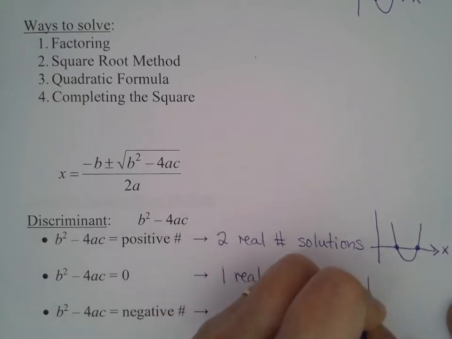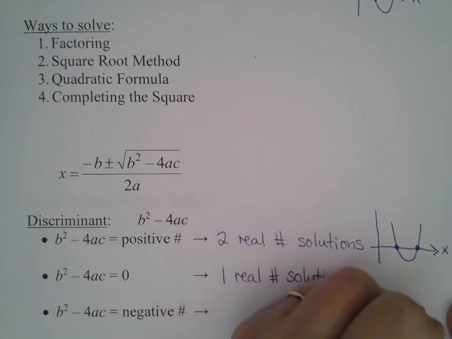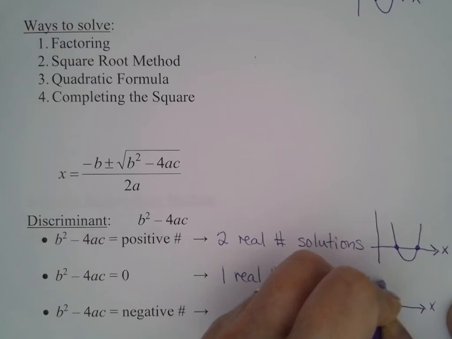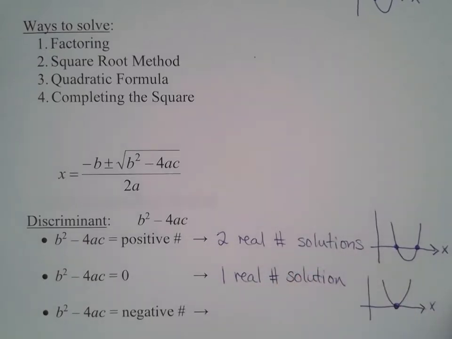And in that case, the parabola is just touching the x-axis at 1 point. Usually when that happens, there's a double root, one that has a multiplicity of 2 because it's bouncing back. That's going to show up in the next video.